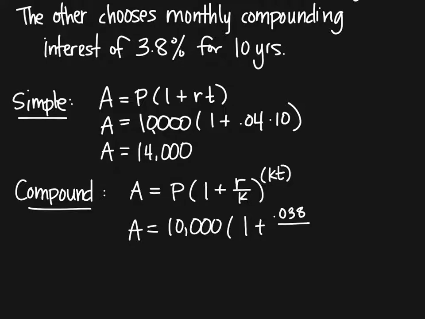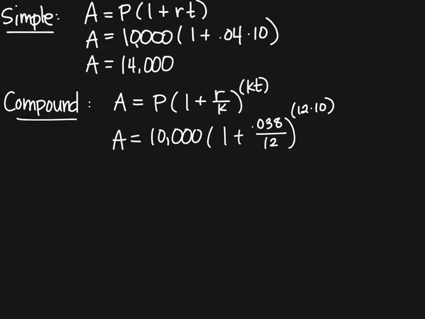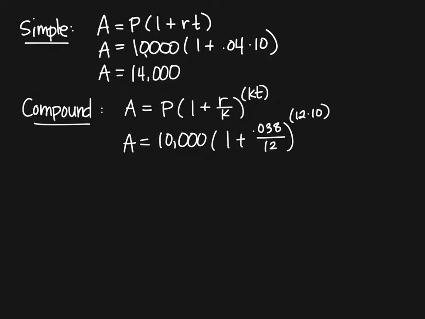Why do you think 12? So it said monthly. Monthly is the number of payments, and so that would be 12 for how many months there are in a year. And then 12 times 10. So we still have to have the K. Now, this is where parentheses are excruciatingly important, that you need to have parentheses both around the base and around the exponent.